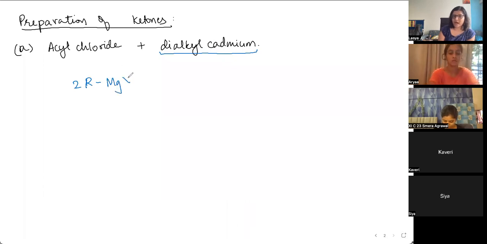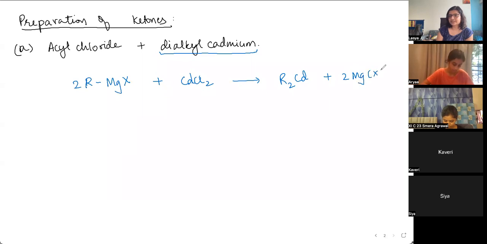You have 2 RMgX. Treat it with cadmium chloride, CdCl2. You get dialkyl cadmium, pretty straightforward. So this will be R2Cd, so cadmium and 2 alkyl groups, plus 2 MgXCl.